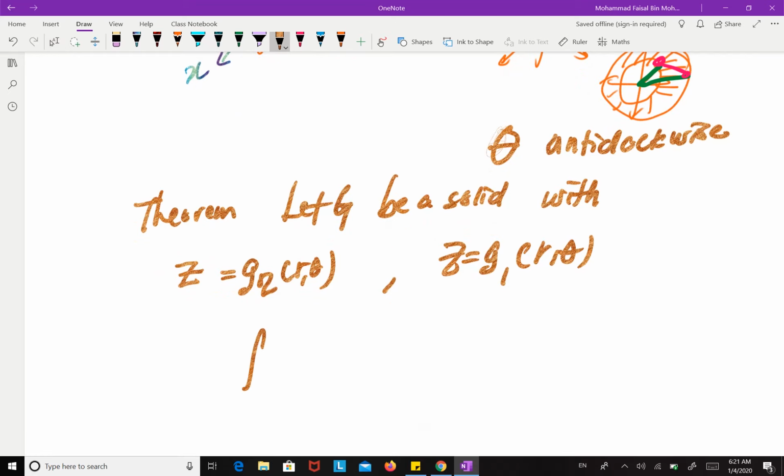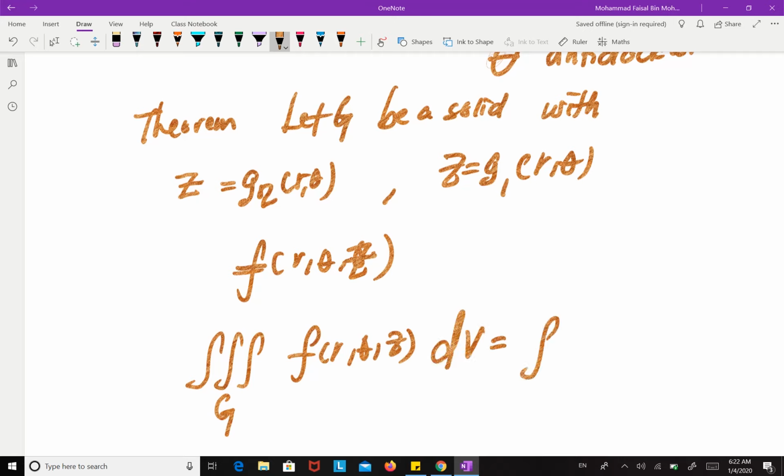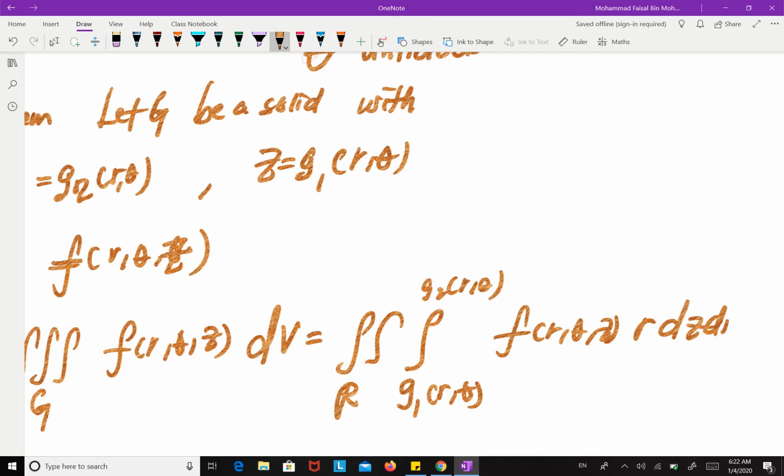Then if the function f of r, theta and z is continuous on R, we have the triple integral over the solid G of f of r, theta, z dv equals the integral over R, from G1 of r, theta to G2 of r, theta, of f of r, theta, z times r dz dr d theta.